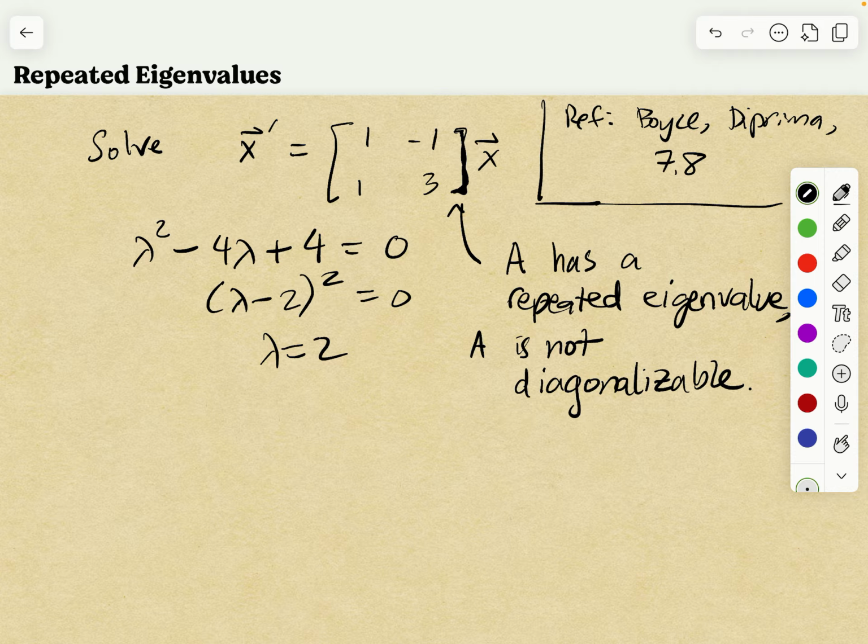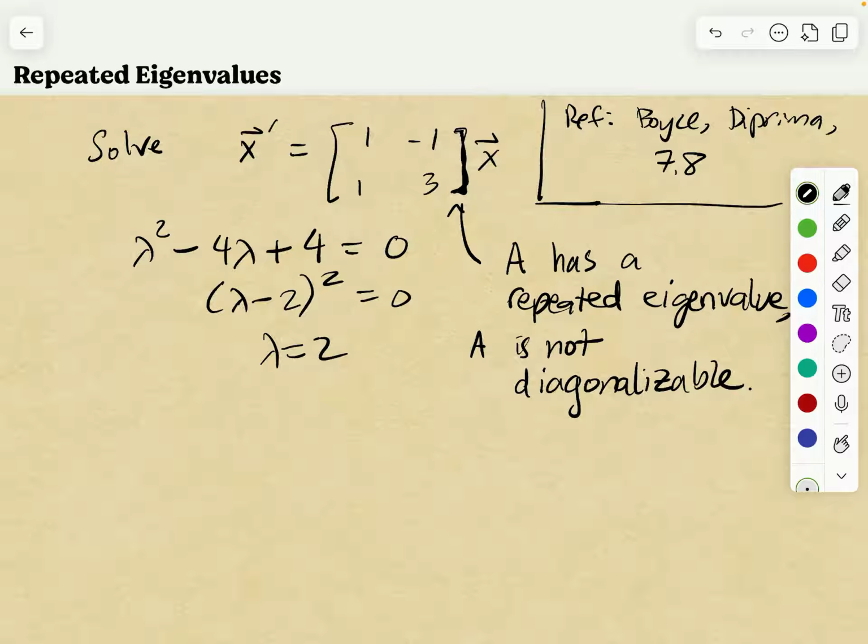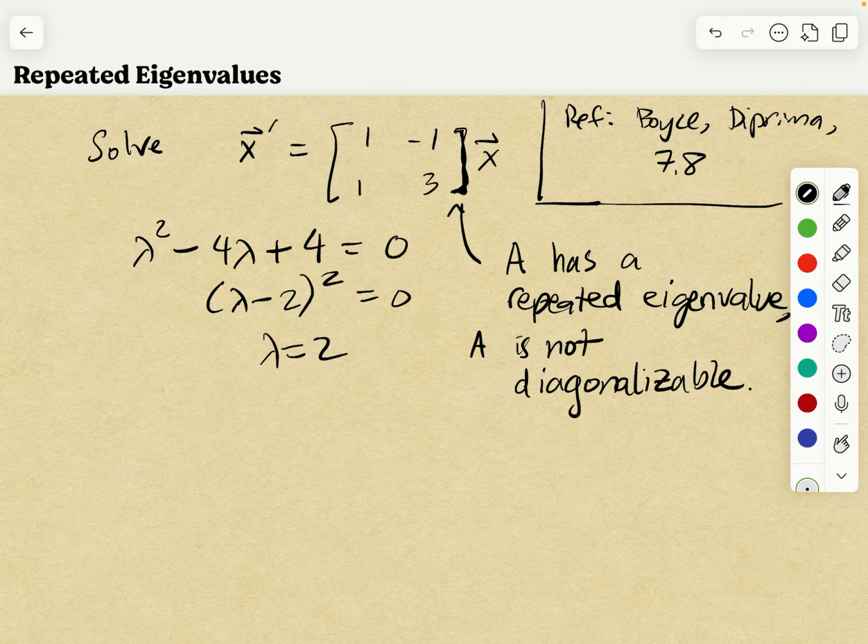Let's explain why. In order for a matrix to be diagonalizable, there has to be a basis for R^n consisting of eigenvectors. This matrix A is 2 by 2, so we're talking about R^2. Does R^2 have a basis of eigenvectors of A? Well, the only eigenvalue is 2.